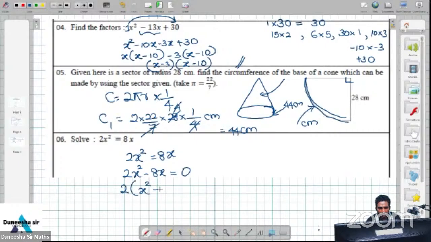Then x squared minus 4x. You can take out another common term.